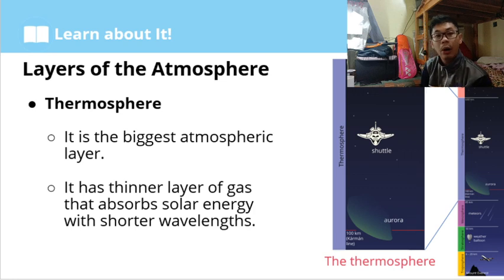This is what you call your Aurora Borealis. This is actually a plasma state of matter, wherein the Aurora Borealis, a greenish part that's happening here, is the reaction of the solar flares and the thermosphere.